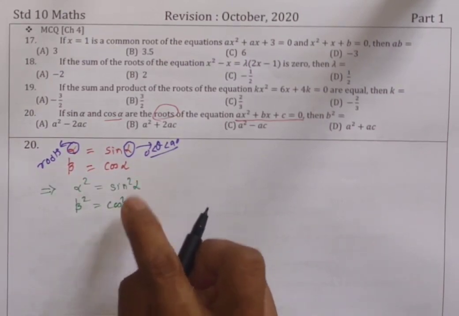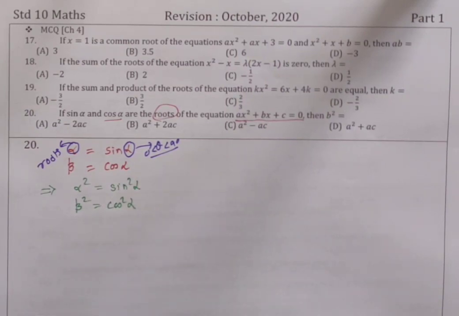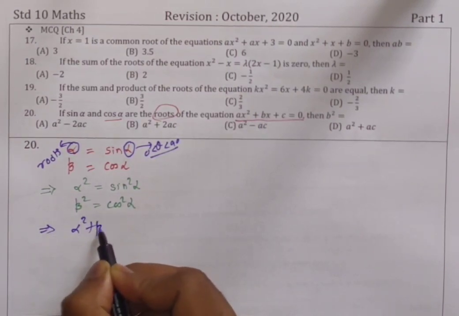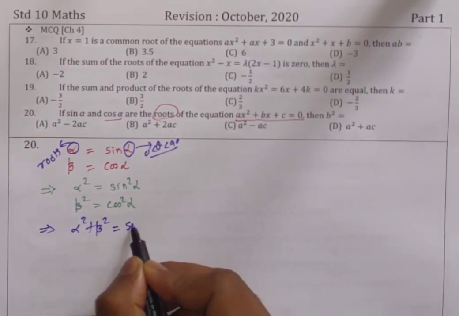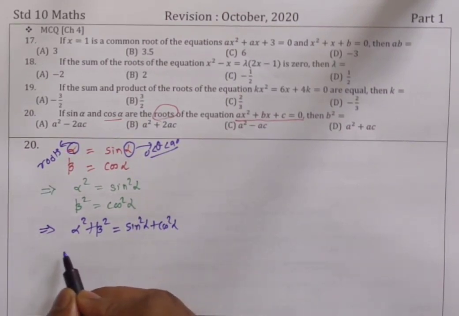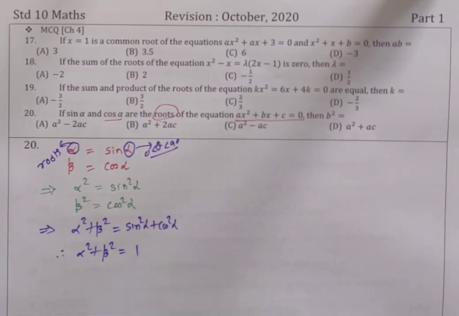So you got sin square, cos square. So you can add. So now we are going to apply Euclid's property. Sum of left hand side, alpha square plus beta square is equal to sin square alpha plus cos square alpha. So that is 1. Therefore, alpha square plus beta square equal to 1.